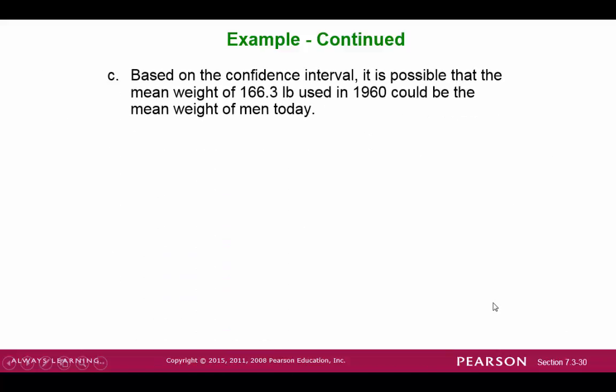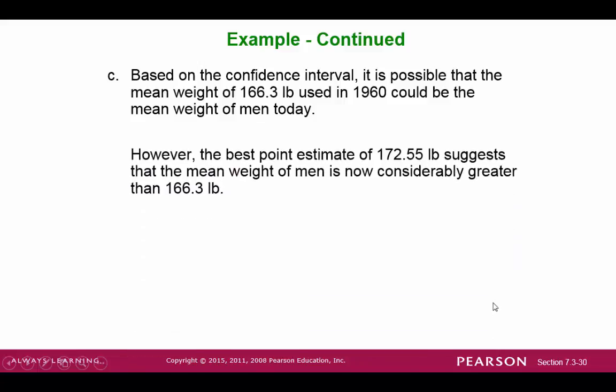So based on our results, is it possible that the mean weight of 166.3 used in 1960 could also be the mean weight for today? It is possible. It did have this number within our confidence interval.